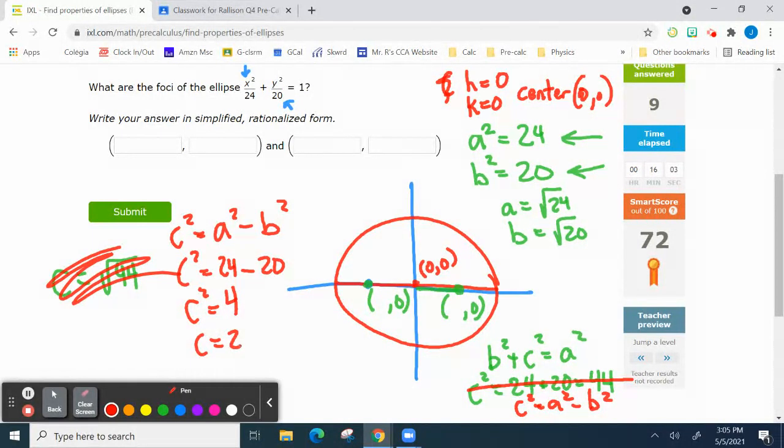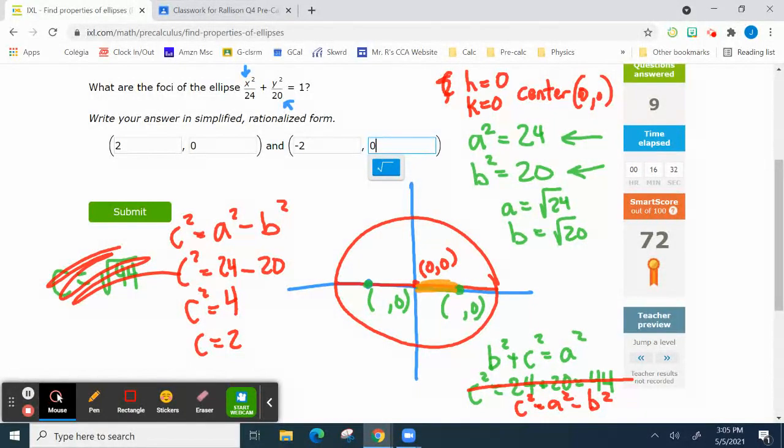So now we know that this distance right there is 2. So we start from the center, which is 0, and we're going to go 2 in the positive direction. So we're going to go 2, comma 0, and then we'll go 2 in the negative direction, negative 2, 0.